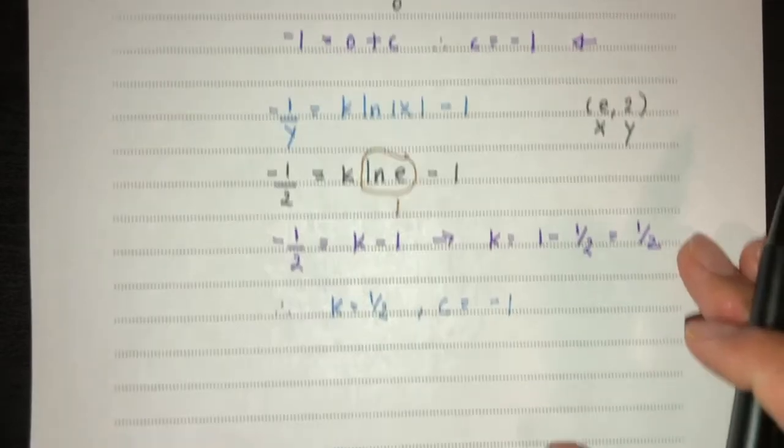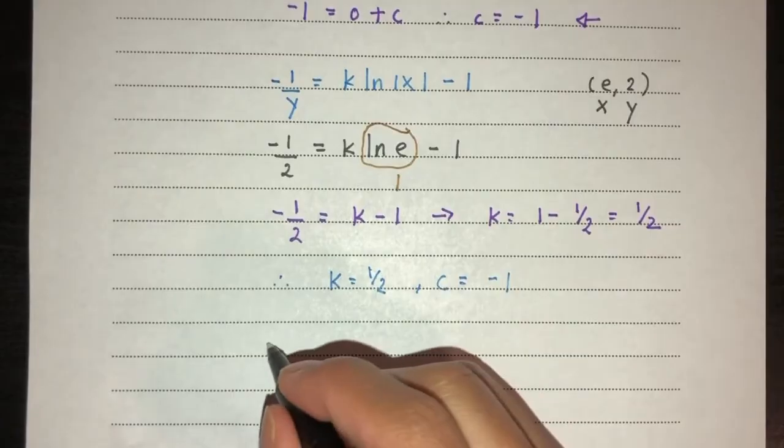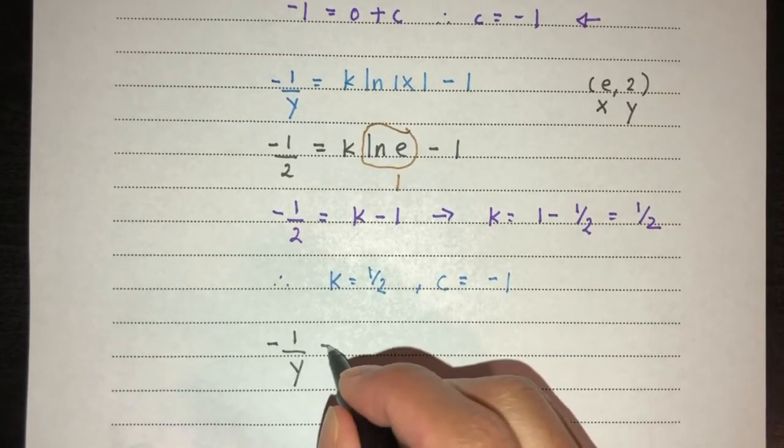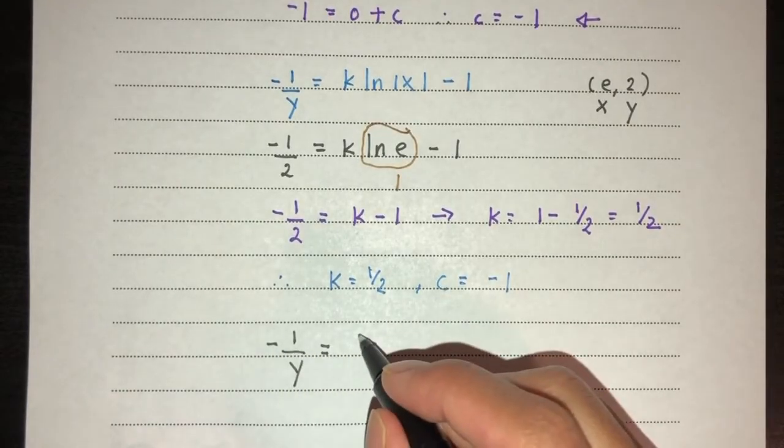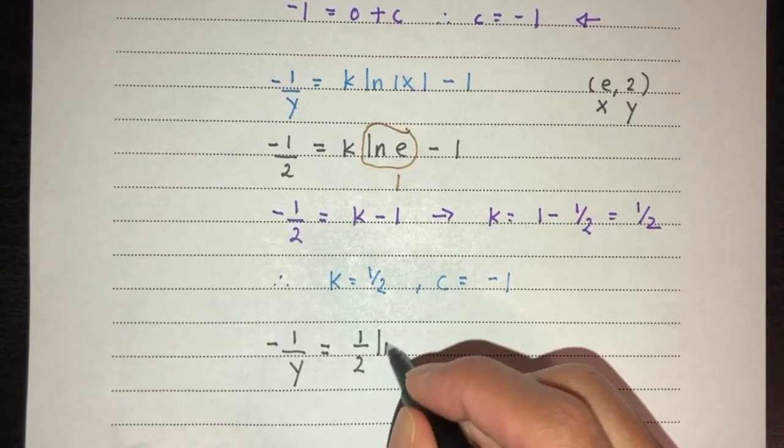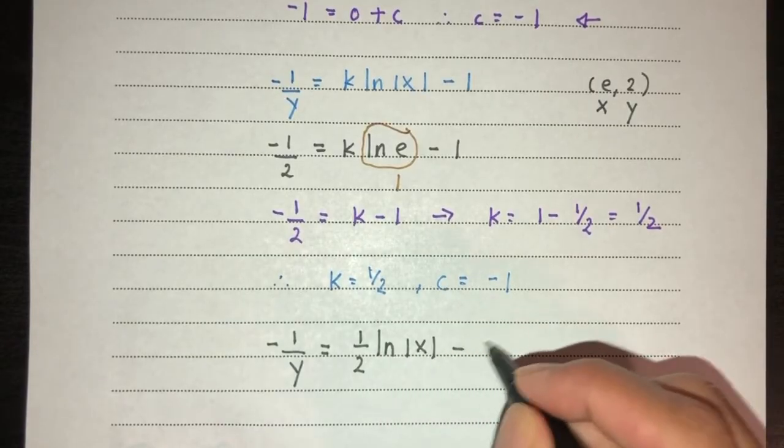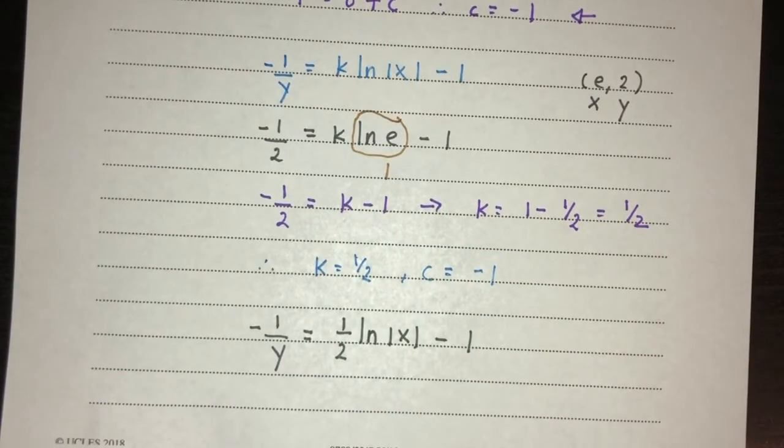So your equation right now can be written as minus 1 over y is equal to half ln of x minus 1. Now it is not over yet, because we still have to express y in terms of x.